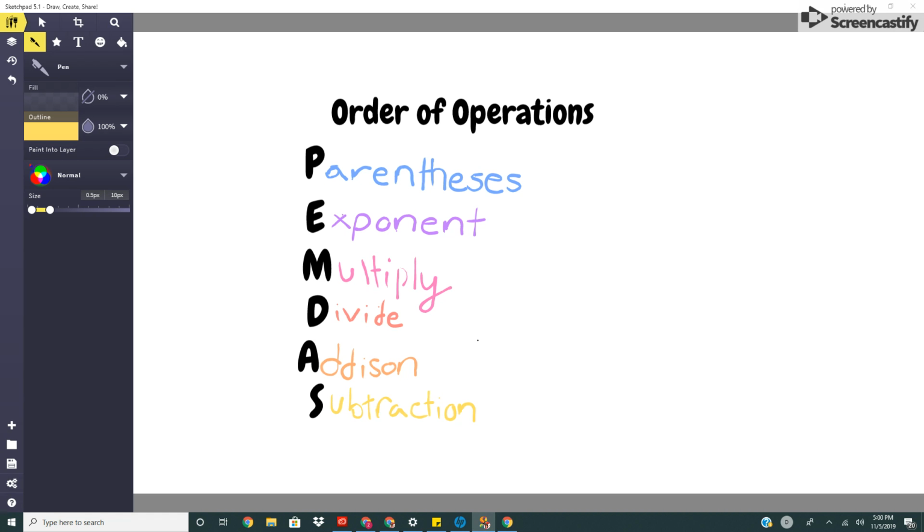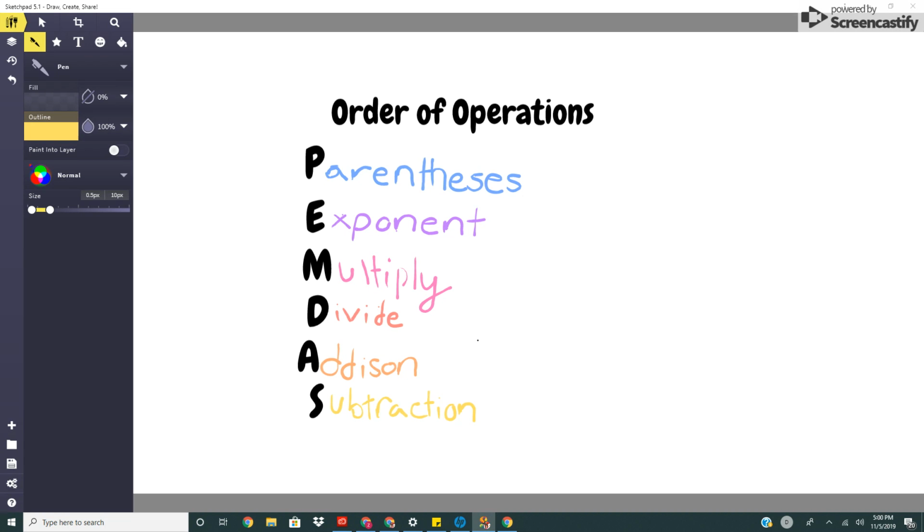If divide is first from left to right, then do divide. If multiplication is first from left to right, do multiplication first. Same for addition and subtraction. Please remember that you can switch multiplication and division depending on left to right. It just goes in order that way.